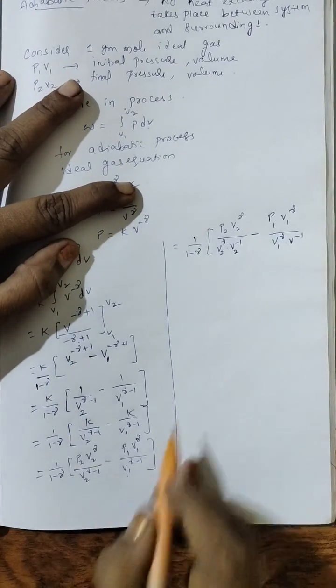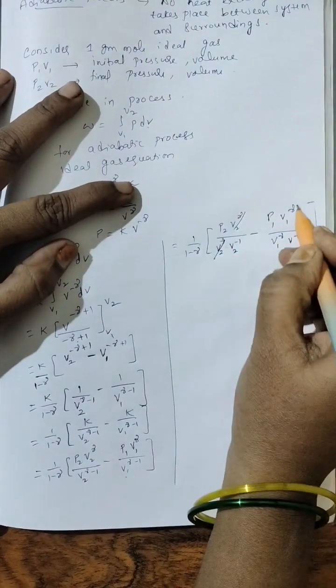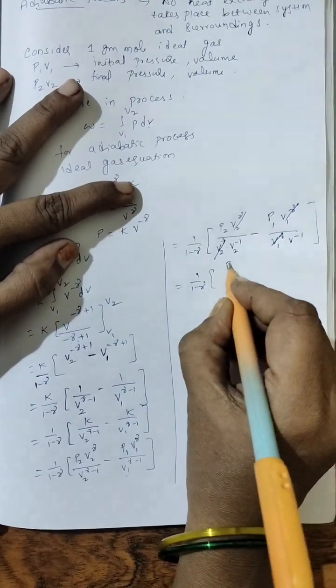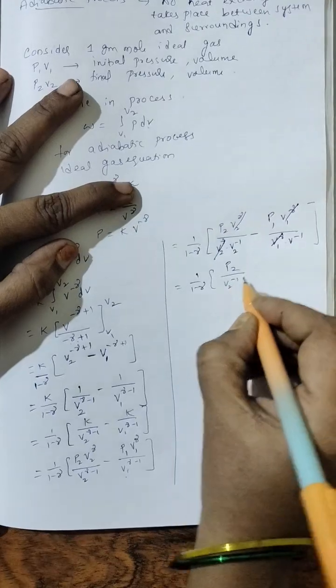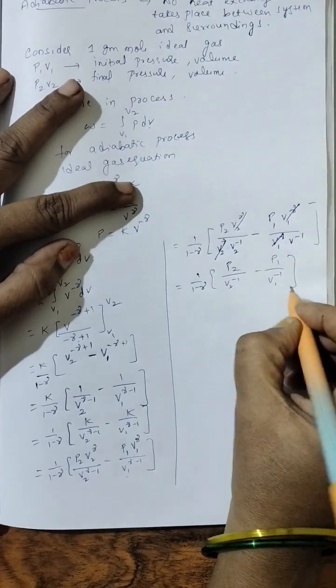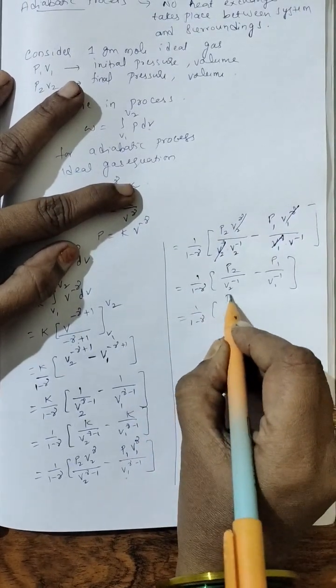Can I write this in such a way? Yes, I can write. So now strike off the same terms. Now what is remained? P2 by V2 to the power of minus 1 minus P1 by V1 to the power of minus 1, with 1 by 1 minus gamma.